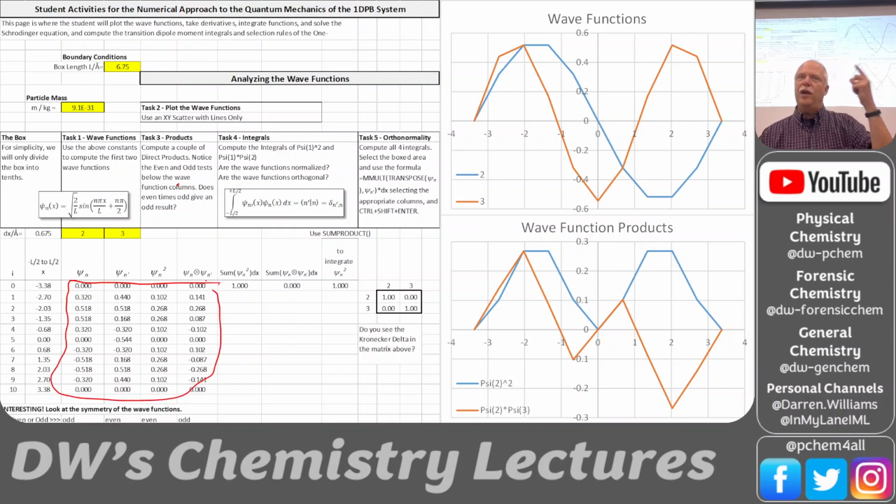So you're going to use your Excel bootcamp skills, and you're going to put in the wave functions. And what is the wave function? Well, it's this function right here. So you're going to learn how to put this function into Excel. Okay, and you're going to anchor it to these quantum numbers up here. So these are n and n prime.